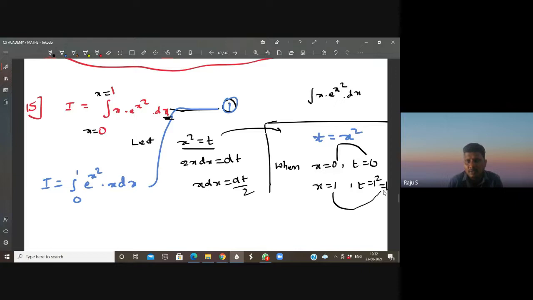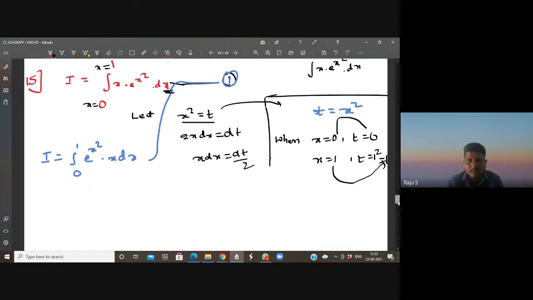When x is equal to 1, t also 1. Here in this question, the limits are not changing. For example, if the limit were 0 to 2, then 2 square becomes 4. In this question we are getting the same limits.